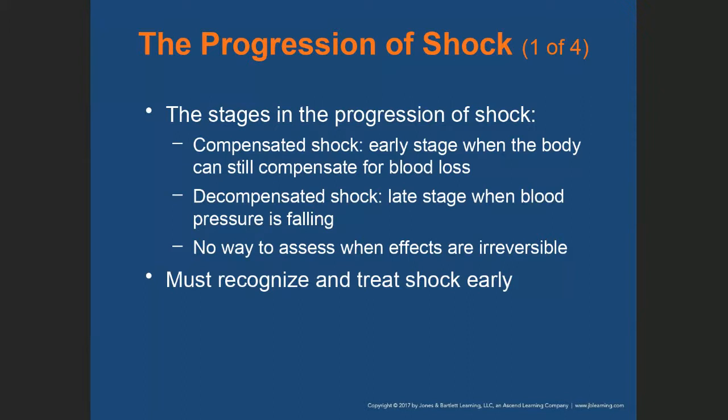The decompensated stage of shock is the late stage, and this is where the blood pressure starts to fall. And when blood pressure starts to fall, you start to lose your peripheral pulses. If the peripheral pulses are present at this stage, they're going to feel extremely weak and thready.